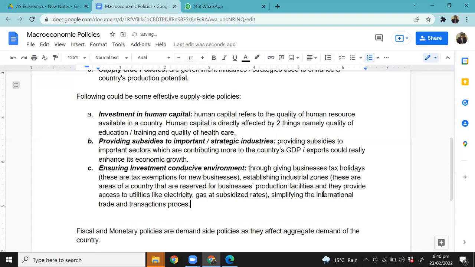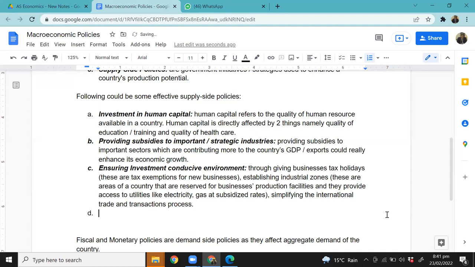So, I mean, anything that promotes investment, anything that encourages investment, right? By giving businesses incentives. What are their incentives? Like they have to pay less tax, they are getting subsidized utilities, they are getting a trained workforce, they have an easier process for making international trade or for making international transactions. So these are all the things that will encourage investment in a country. Do you all agree with me, students?